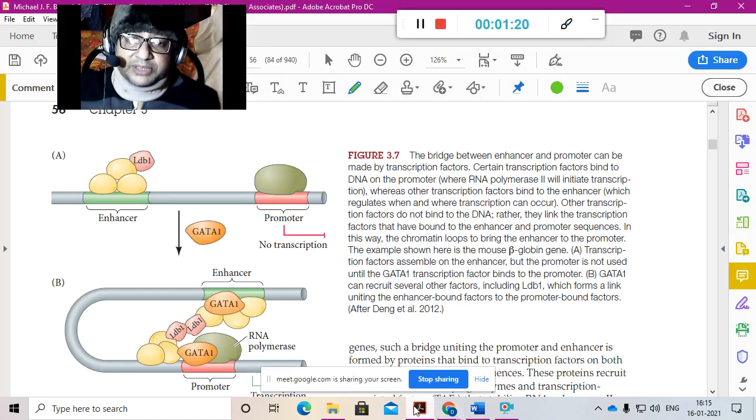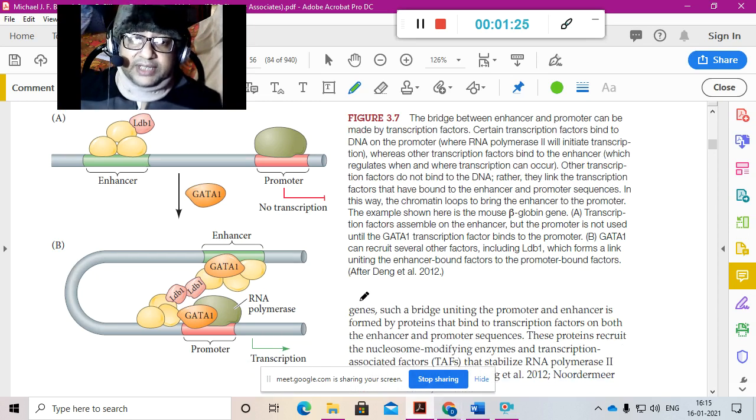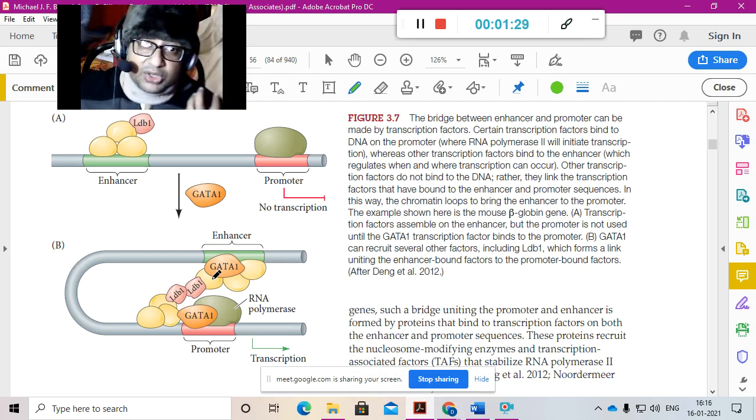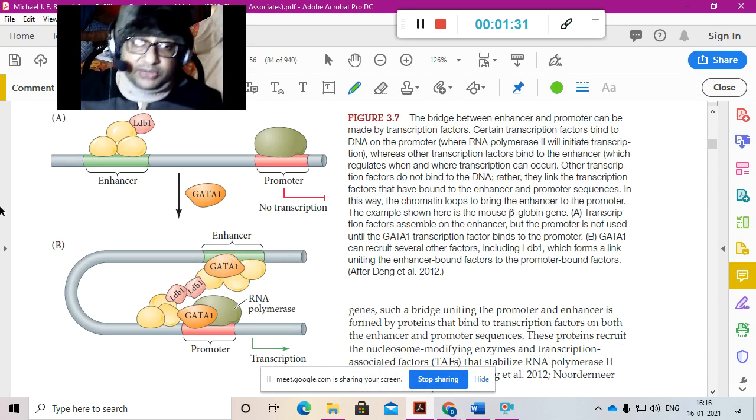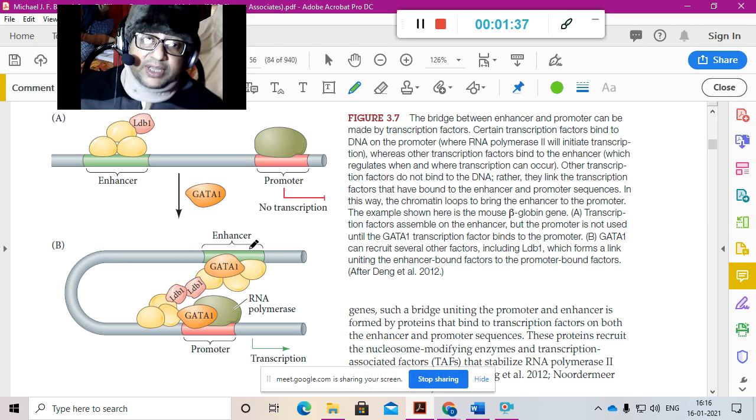And when it forms a bridge, this complex known as the enhanceosome enhances transcription. This is how it folds. The DNA, as you can see, folds. The enhancer comes on top, and this type of complex is known as an enhanceosome complex.